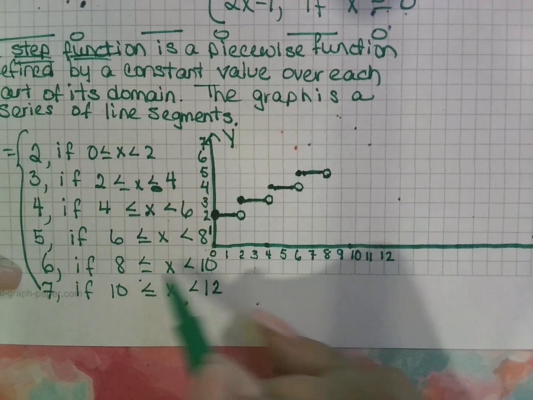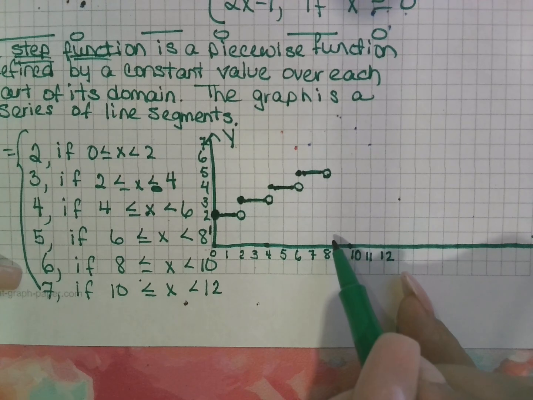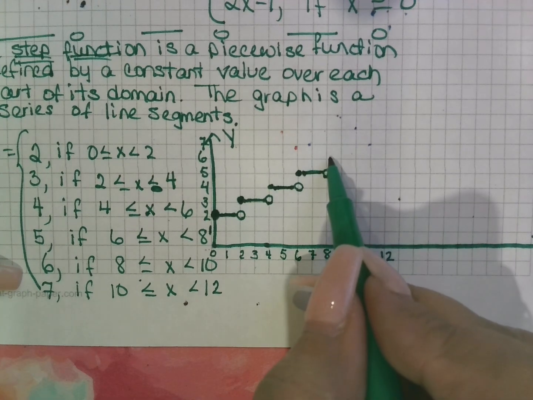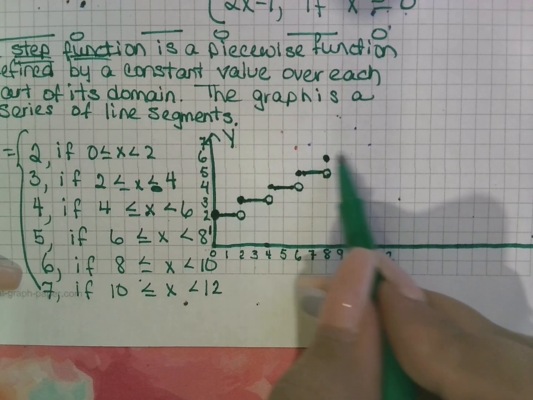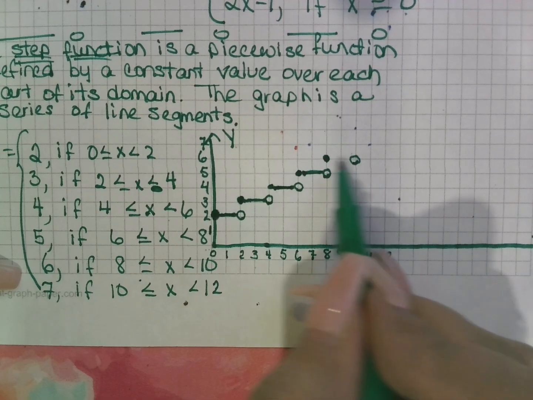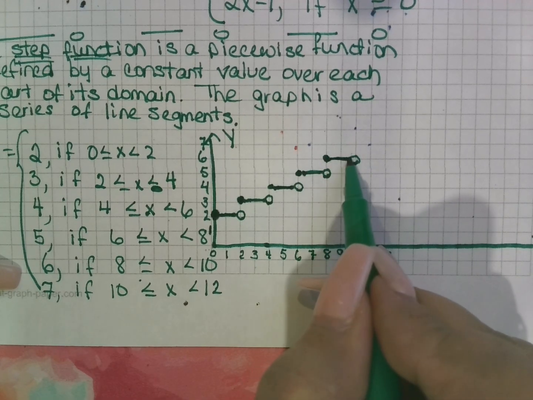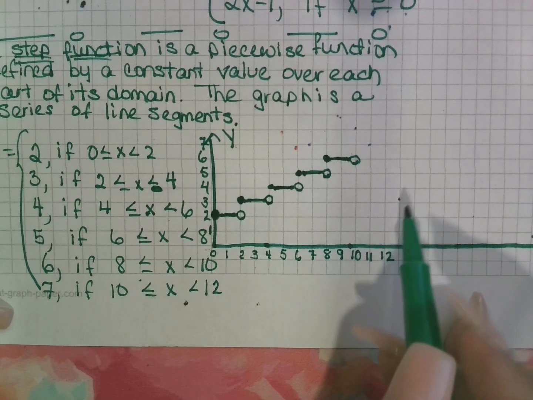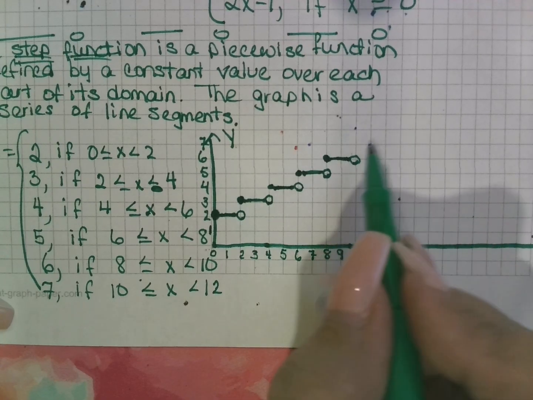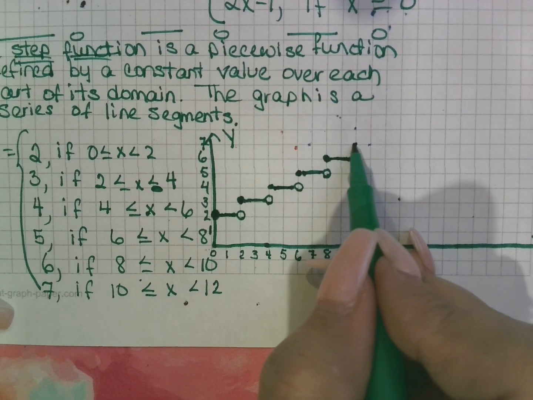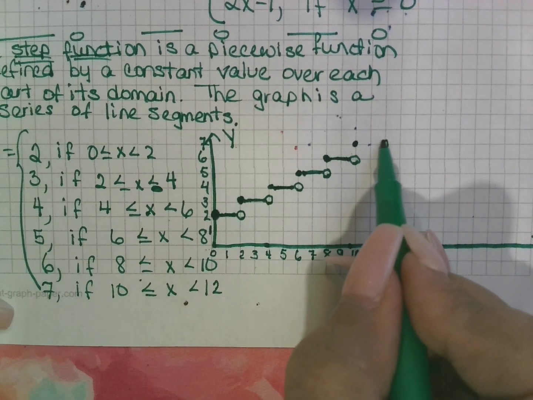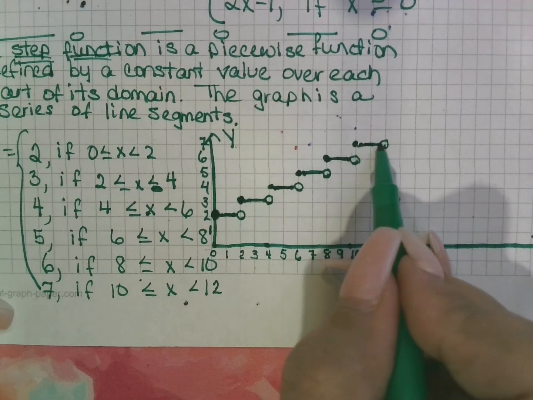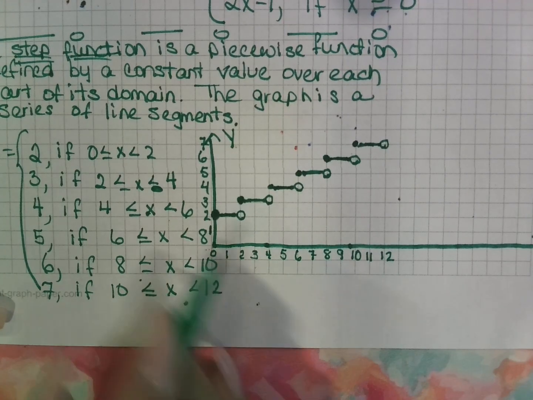And then it's 6 from 8 to 10. So it includes the 8. It does not include the 10. And it's going to be 7 from 10 to 12. So it includes the 10, does not include the 12. Okay? So it looks like steps going up.